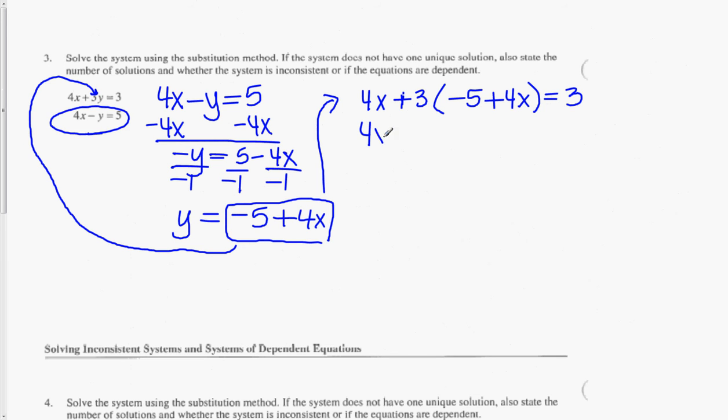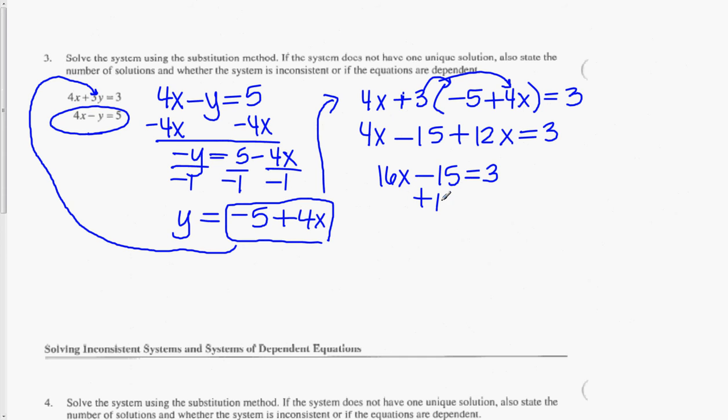So let's solve for x. I'm going to distribute my 3, so I'm going to have minus 15 and plus 12x equals 3. And so 4x plus 12x is going to give me 16x minus 15 equals 3.